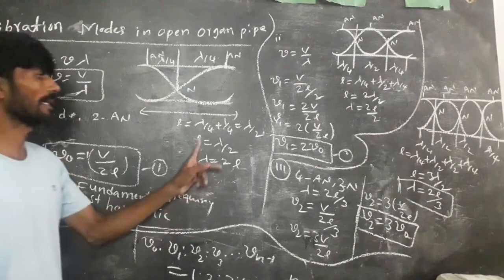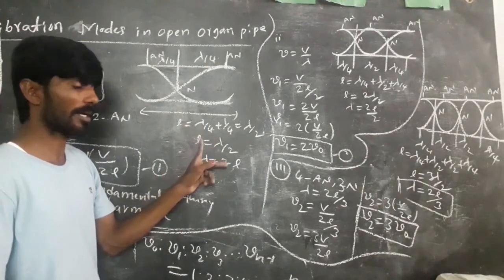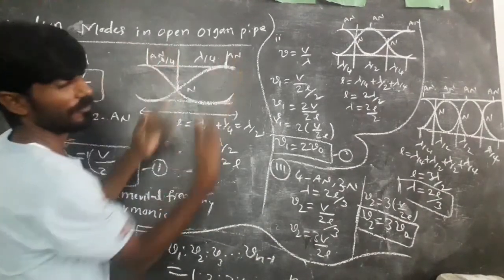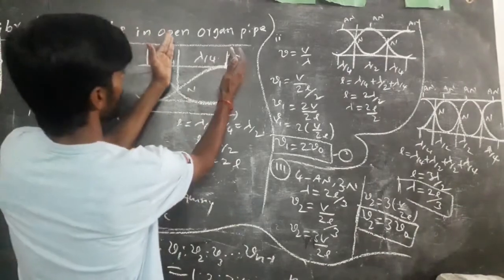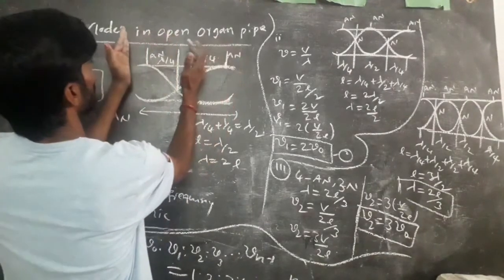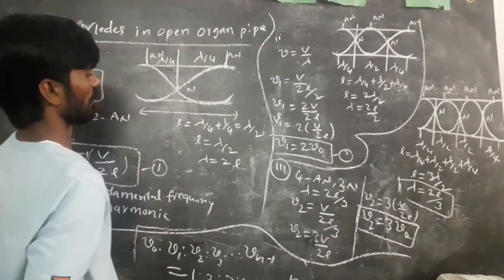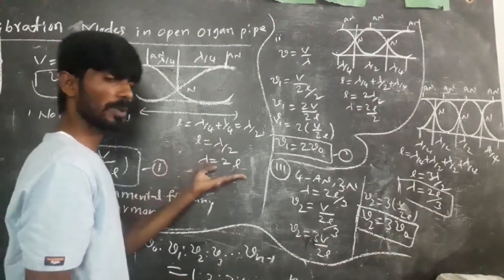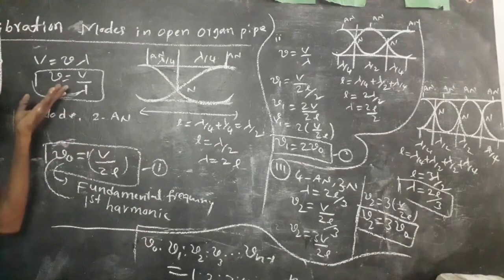At that time, the length of the air column L is equal to λ/4 plus λ/4, because the distance between node and antinode is λ/4. So L = λ/2, then λ = 2L.